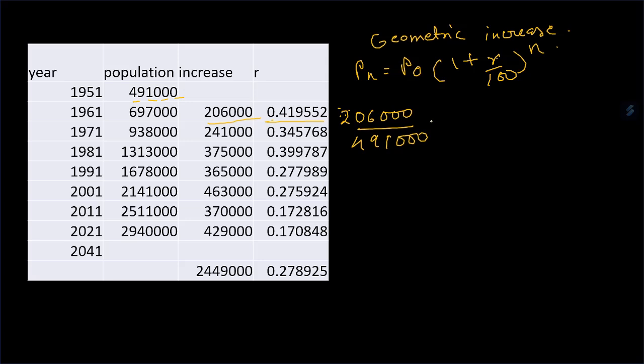Now if you multiply it by 100, you will get your answer in percentage, but I am keeping it in fraction. So 0.0419. Similarly, 0.3457 I obtained by dividing the increase by the base value, which is 6,97,000.